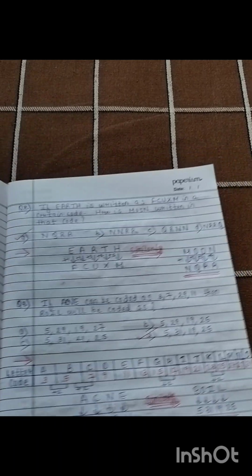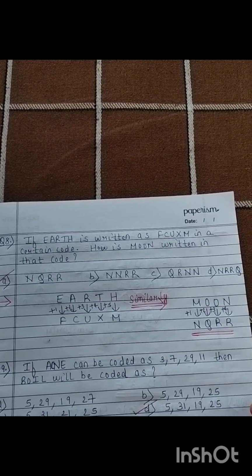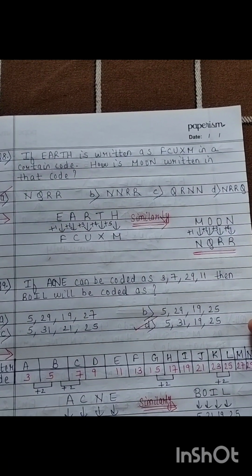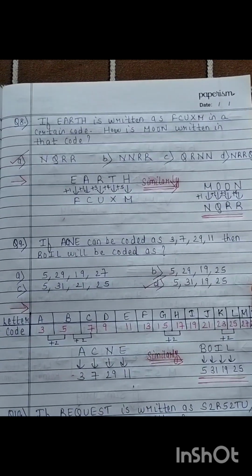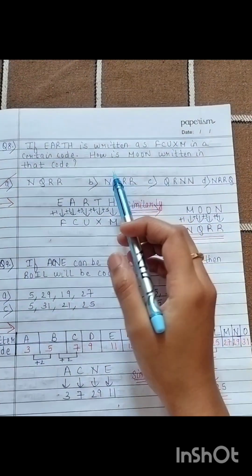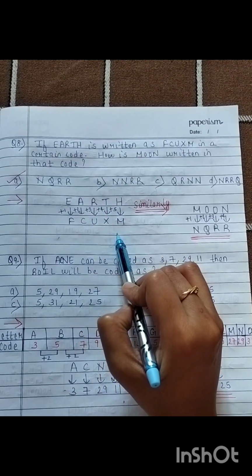Next homework question which I had given was, if Earth is written as FCUXM in a certain code, how is Moon written in that code? Correct? So Earth you write here, then the coded part you write here.